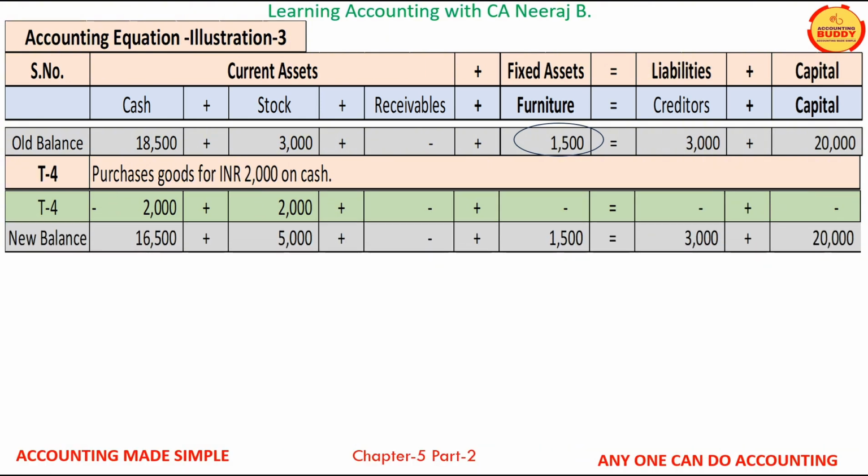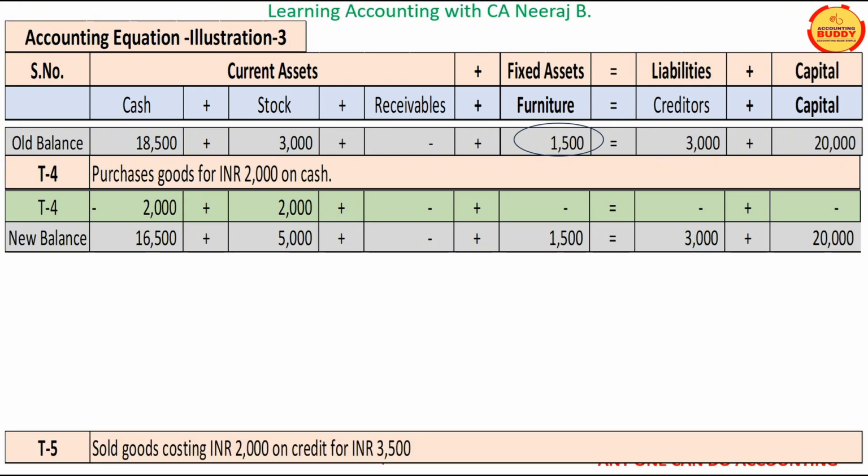Post T4 business transaction, the new balance on left hand side will be cash 16,500, stock 5,000, furniture 1,500, amounting to a total of 23,000 of assets. And on right hand side also the total is 23,000 comprising of 3,000 of liabilities and 20,000 of capital.